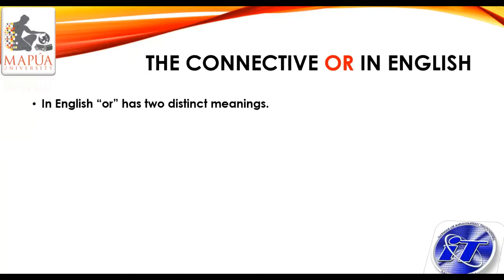The previous slide discusses the inclusive OR, wherein the statement is true if at least one of the propositions in the statement is true. So for example, I will eat chicken or pork this lunch. So if I'm going to eat chicken or pork or both, that will make this statement true.